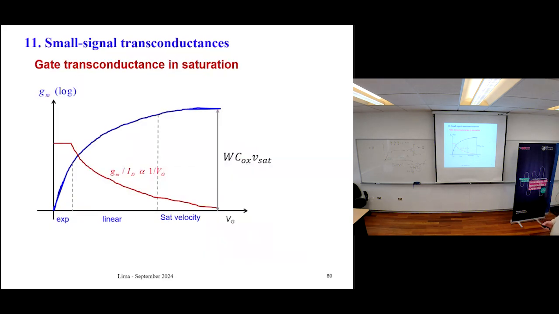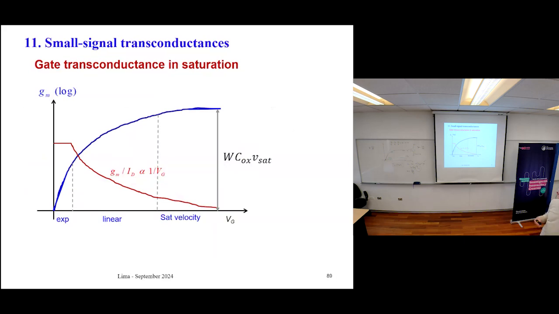This is important about the gate transconductance. When the gate voltage is very, very high, you have a saturation of the value of Gm, because of this factor here, which is the saturation velocity.